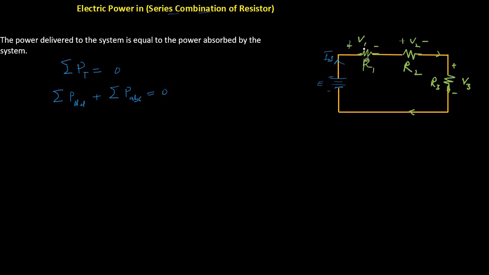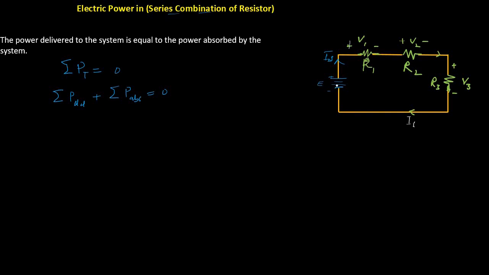Let's say V1 is the voltage drop across the first resistor, V2 is the voltage drop across the second resistor, and V3 is the voltage drop across the third resistor. For a series combination of resistors, we know that the current is the same through each point in the circuit. And here we have a conventional current from the positive terminal of this DC voltage source towards the negative terminal of this DC voltage source.